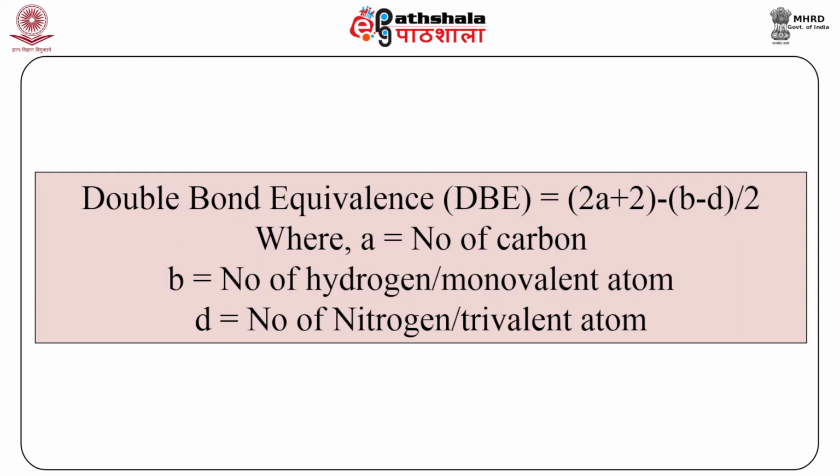A is the number of carbons, B is the number of hydrogens or monovalent atoms, and D is the number of nitrogens or trivalent atoms. Substituting all the values, we find that the double bond equivalence for the given organic compound works out to 2. This shows the presence of 2 double bonds.